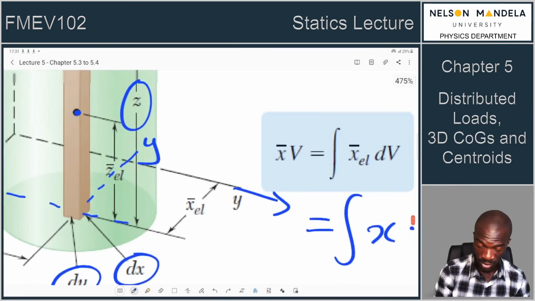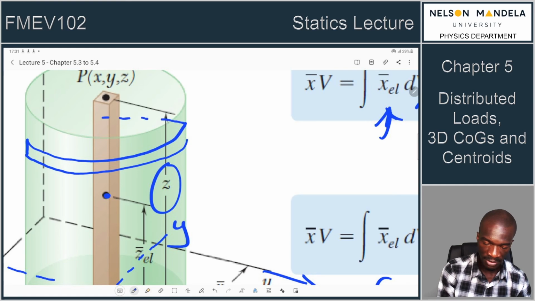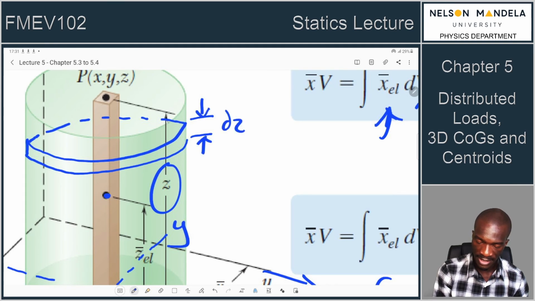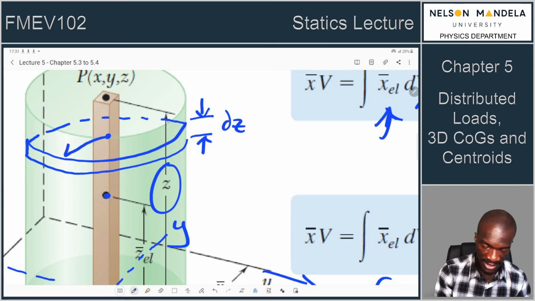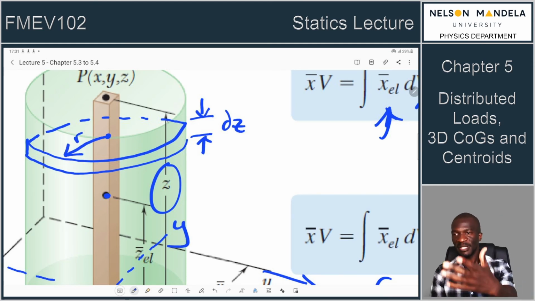You can also choose another element, which is a disk. So we can do it like that and say that would be our element. This disk would obviously have dz as its thickness. It would obviously have some radius, and your radius can be related to what?